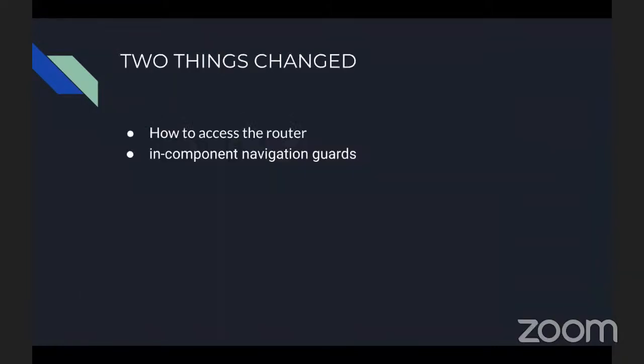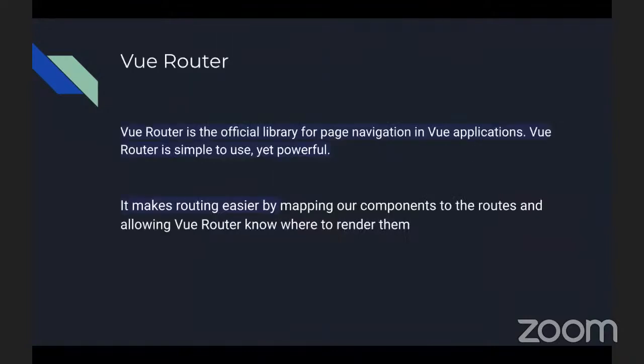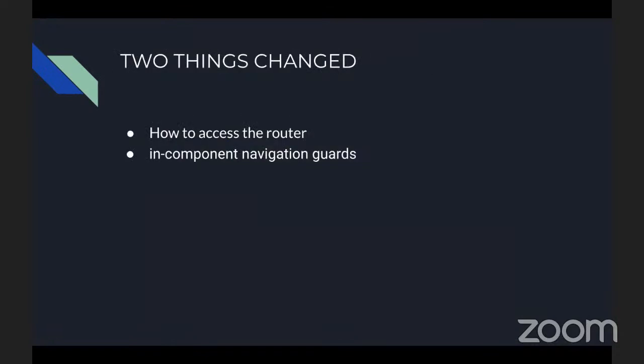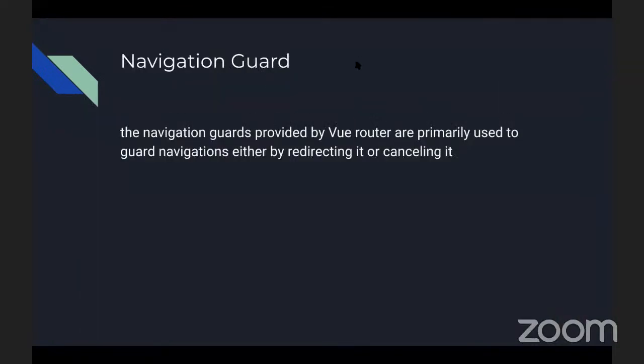Just as I said in the Vue router part, the Vue router is just a map of paths and the component that should be mounted based on the path that you are on. When you are about to enter a particular component, or a particular component is about to be mounted, there is a set of checks that have to be made before that component is mounted.